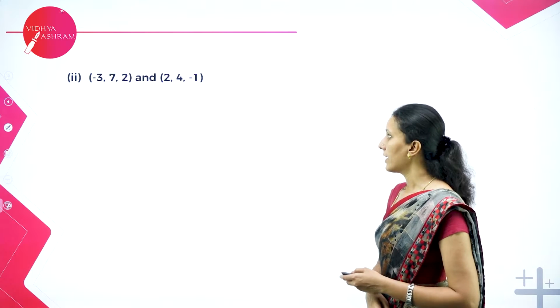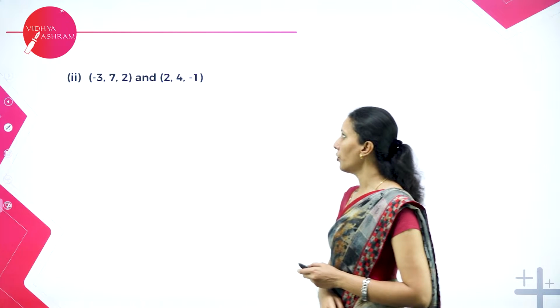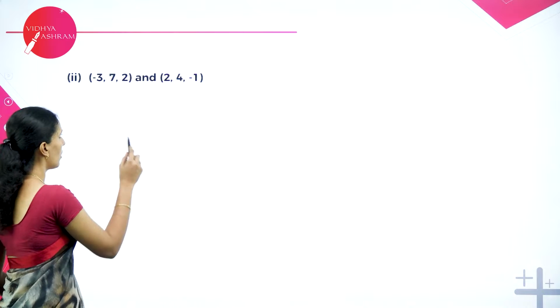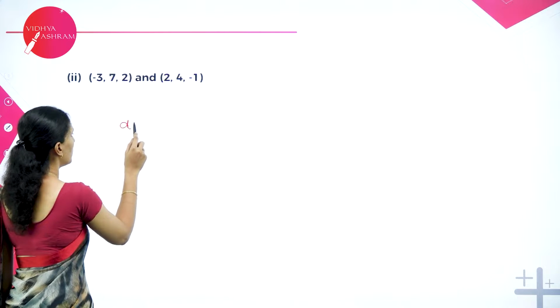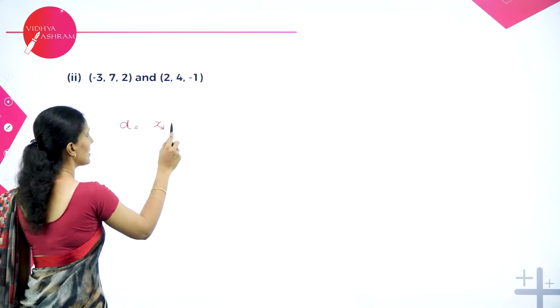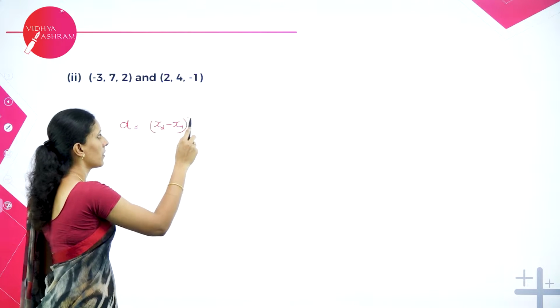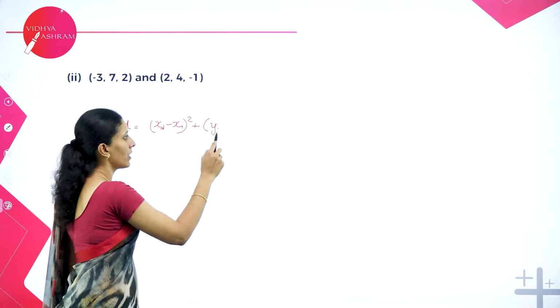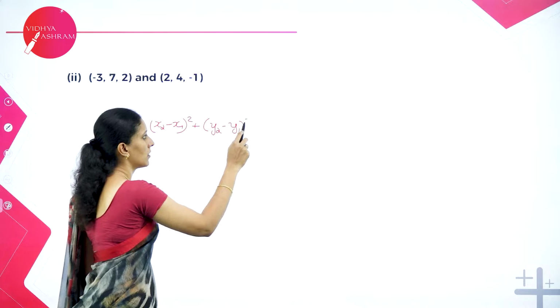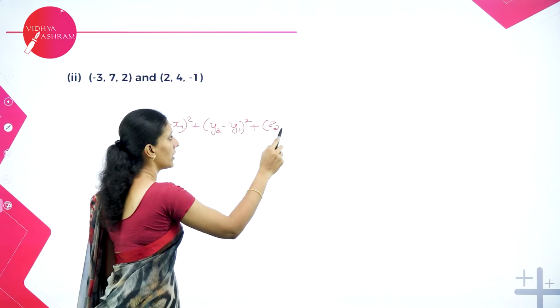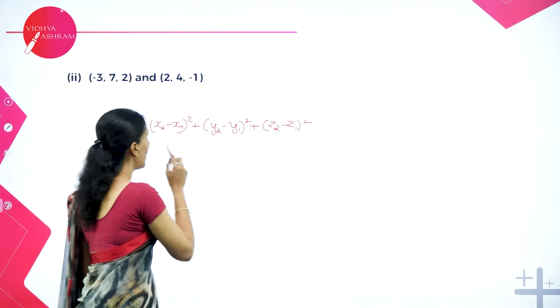Next question, -3, 7, 2 and 2, 4, -1. So again, apply the distance formula here also. D is equal to x2 minus x1 whole square plus y2 minus y1 whole square plus z2 minus z1 whole square under the square root.